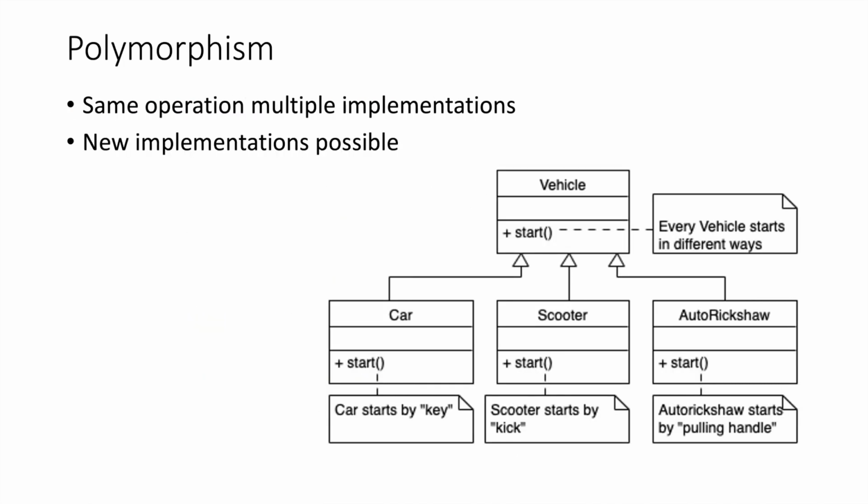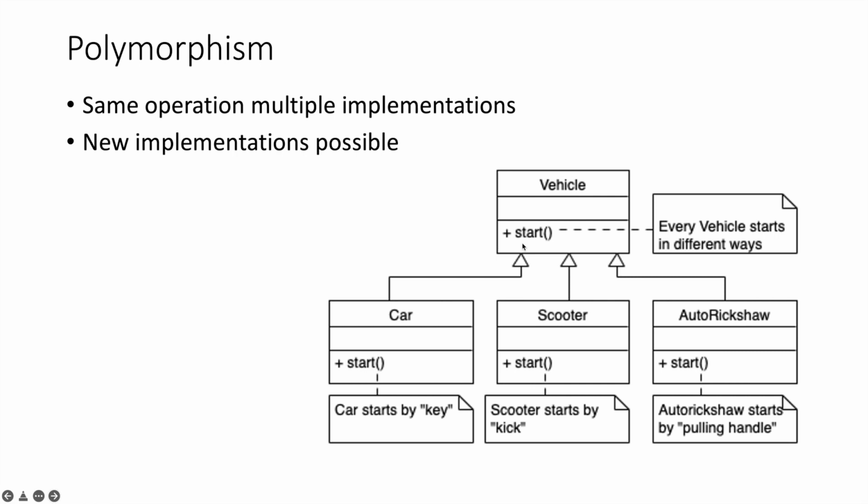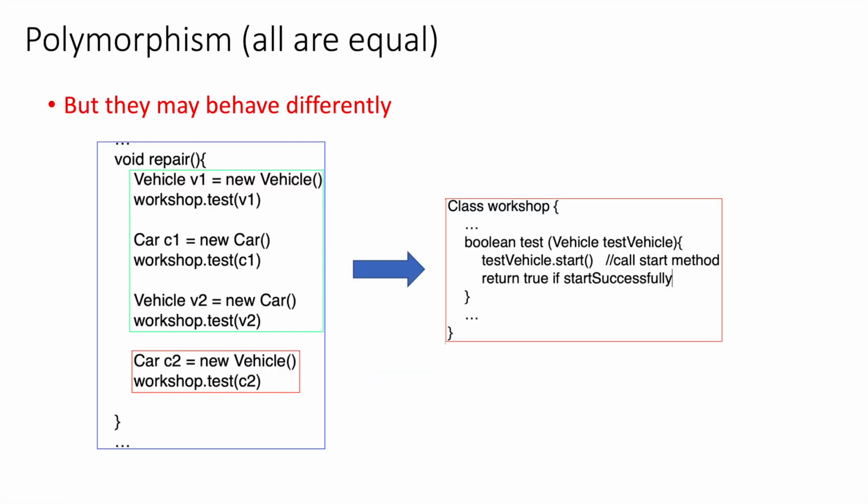Because you will observe that if it is a car's instance, there is a start method here as well as here. Now when it comes to actually calling an implementation and executing it, the start method of the concrete class is called and not of this type.